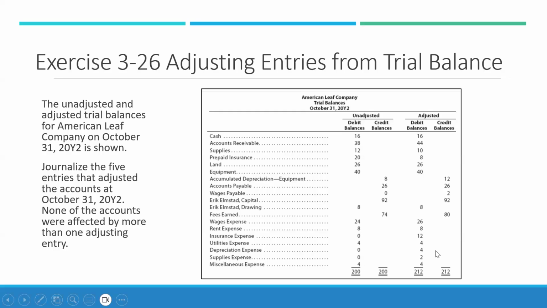Do you see it was at 0 and now it's at 4? And do you see our accumulated depreciation went from 8 to 12? Wouldn't that be an adjusting entry of depreciation expense of 4, accumulated depreciation of 4? Do you see how you can look at that and see what changed? Yes?